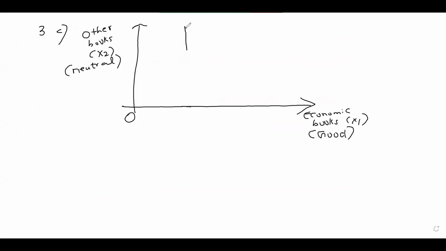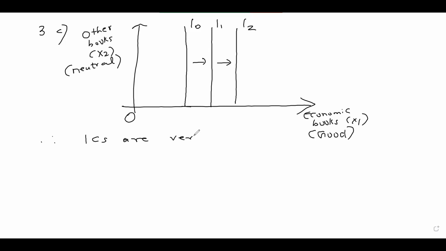The indifference curves are vertical. And the family of indifference curves are increasing in the east direction. So I can say, therefore, the indifference curves are vertical and the direction of preference is east.